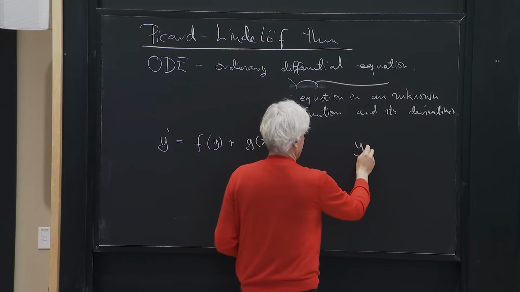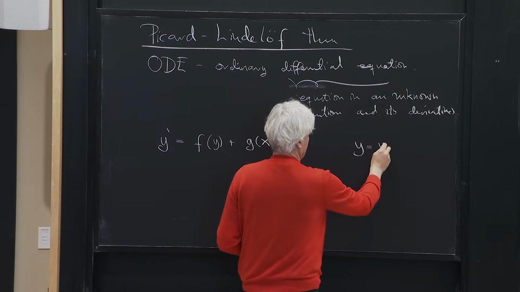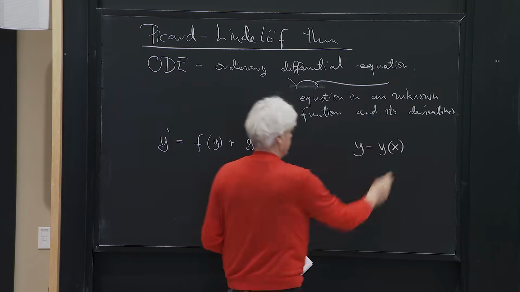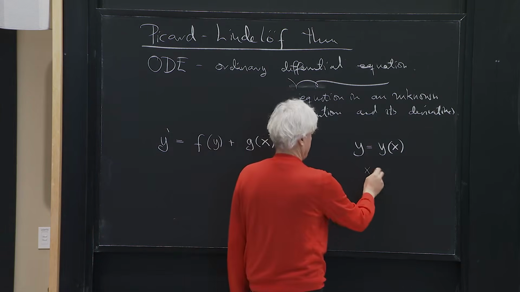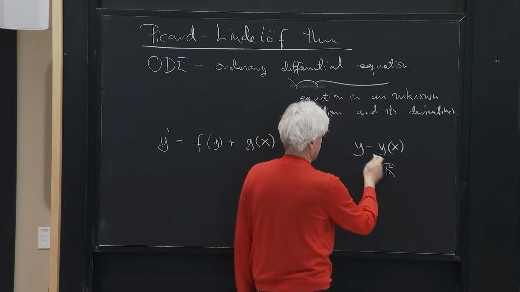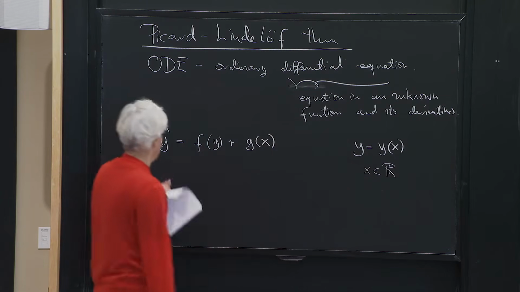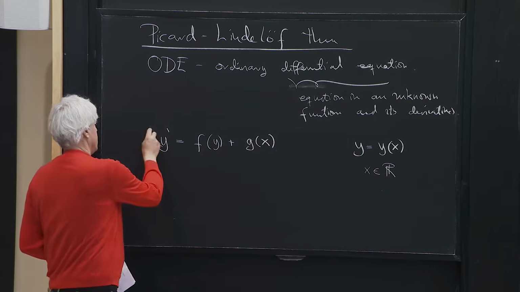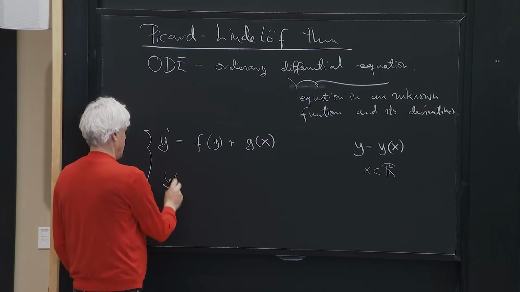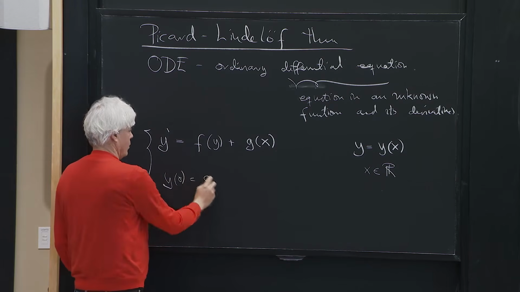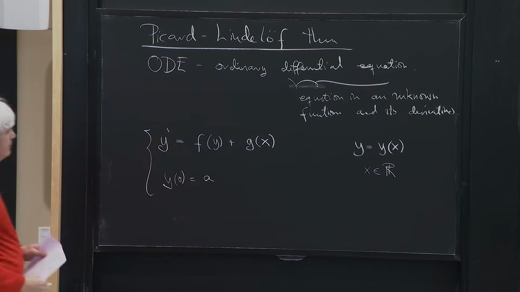So y here is the unknown function, and y is a function of x. x is a real number. So this is the differential equation, and then we have some initial condition. So at 0, we want it to take a value a, okay?